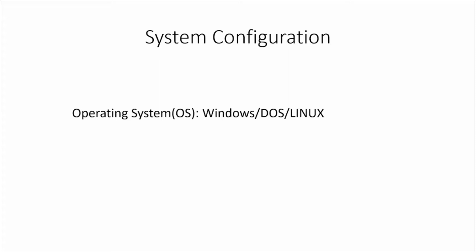In the market, we have 3 major operating systems: Windows, DOS, and Linux. Apart from that, Mac OS is also available, but the majority of user laptops or computers are equipped with the Windows operating system because of its simple user interface and easy-to-understand manner.